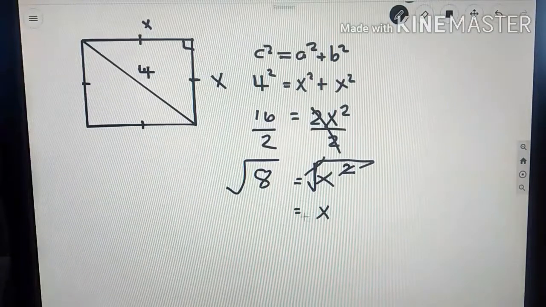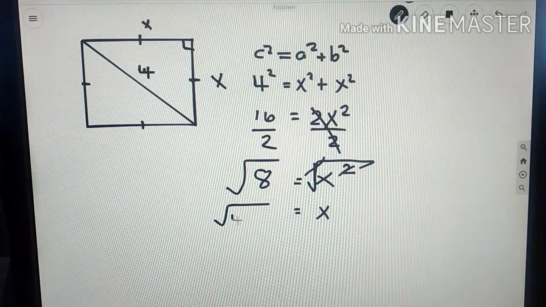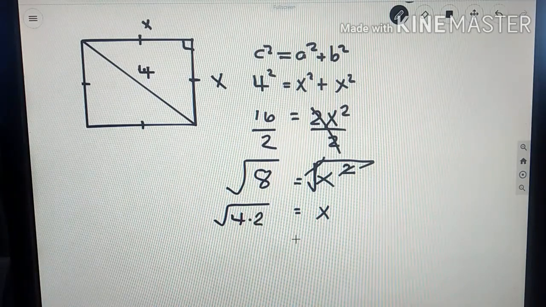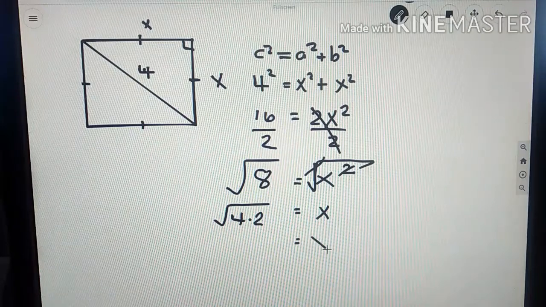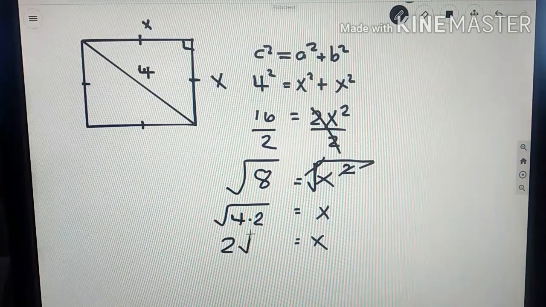The square root of 8, 4 times 2, so our x will be 2 square root of 2.